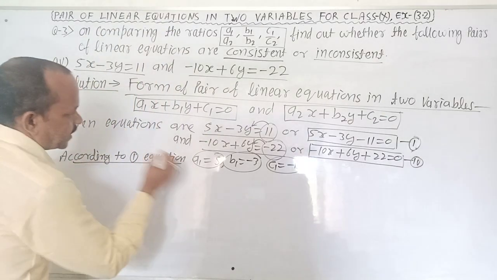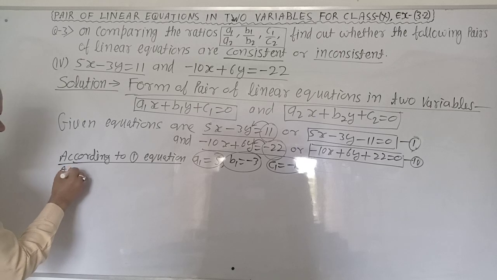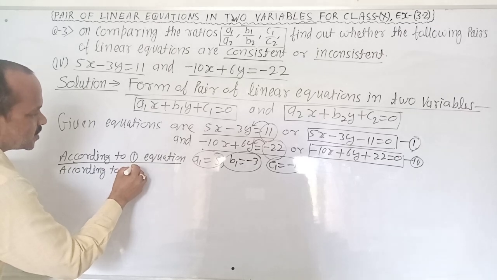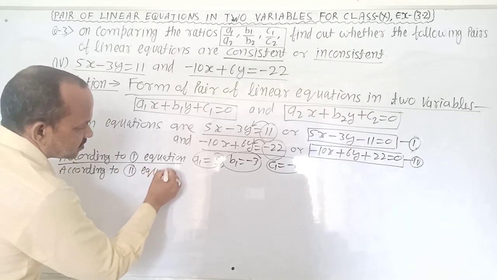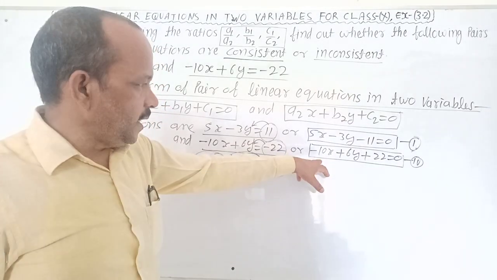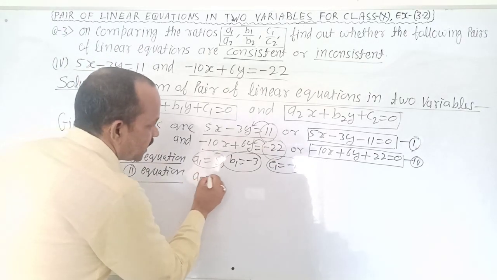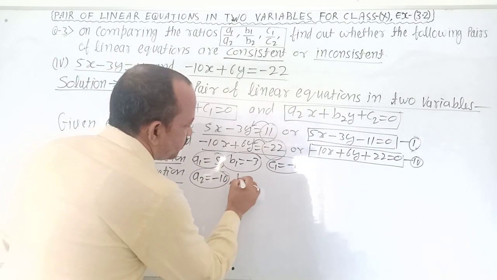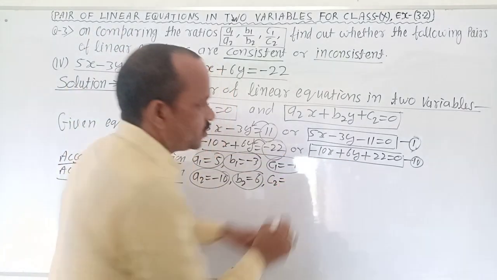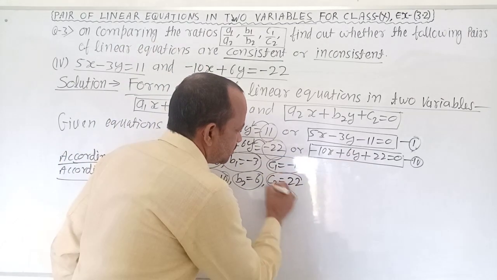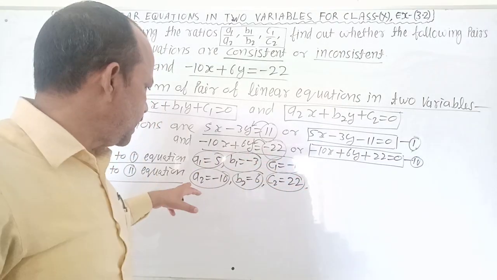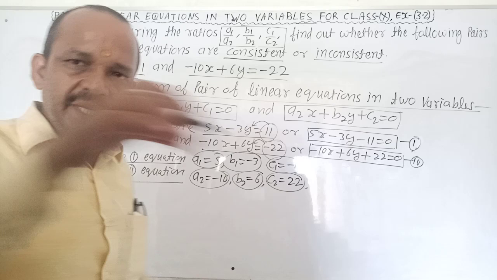According to the second equation, a2 equal to minus 10, b2 equal to 6, c2 equal to 22. It is clear. You find the values of a1, b1, c1 and a2, b2, c2 by comparing.